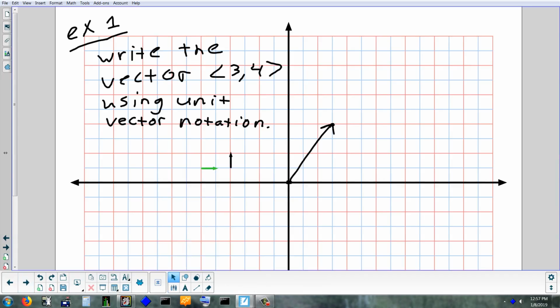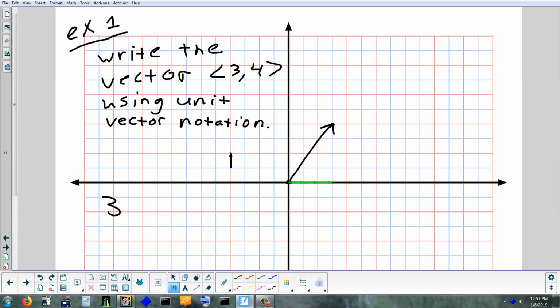Olivia? 3. 3, yep. So I'm just going to make 3 copies of it. It's probably quicker if I just draw them by hand, but 1, 2, 3. All right. So I just put 3 of the I's all added up.